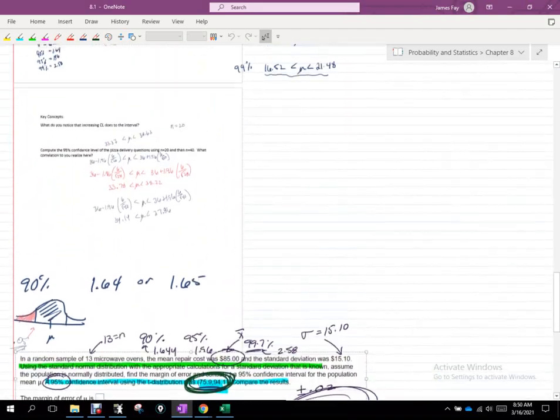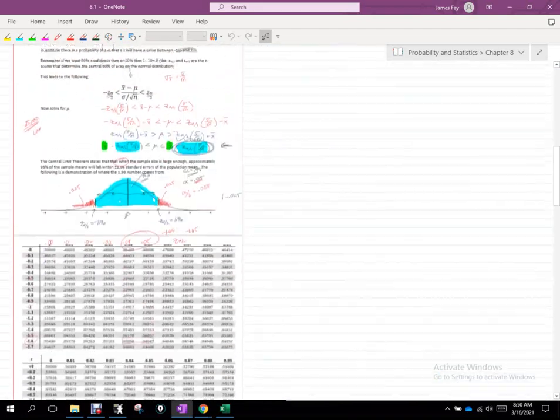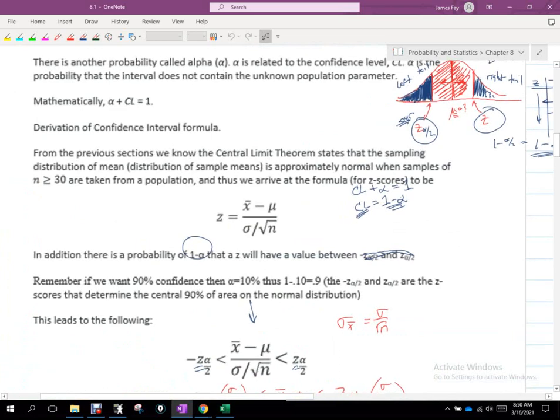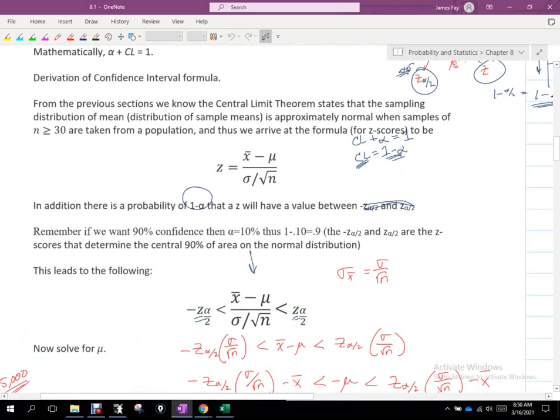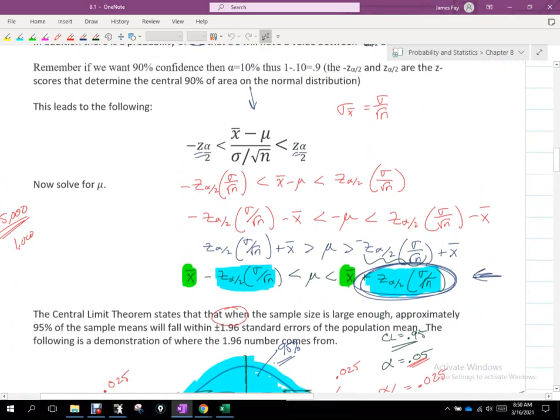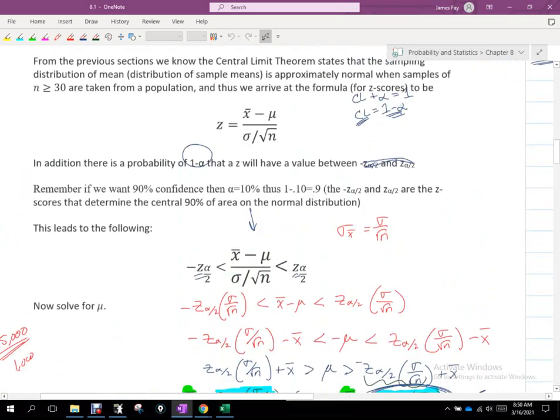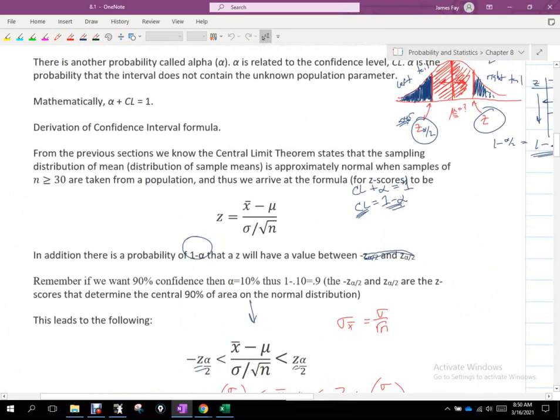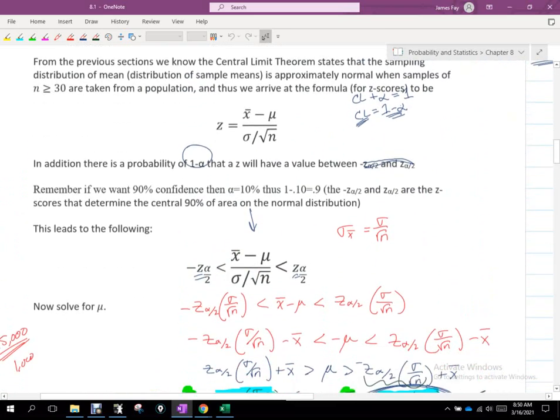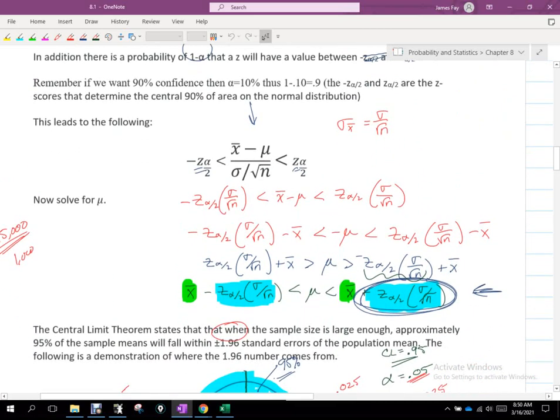If you remember back to this explanation, we did this stuff with finding the z-scores, and then basically taking that equation, turning it into an inequality, trying to find that central, in our case, the central 99% in our question.